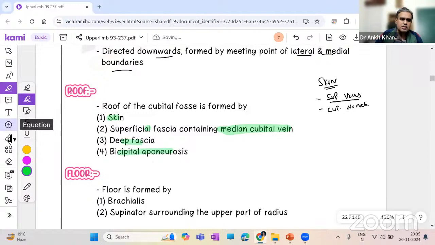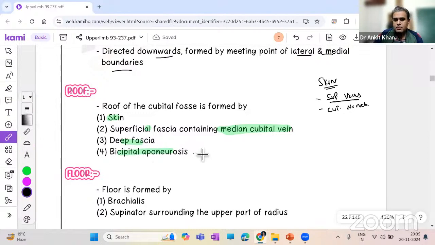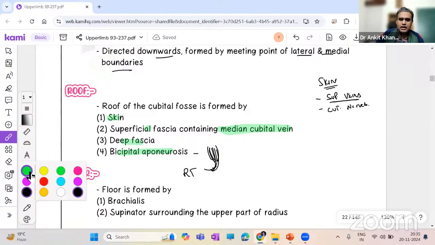Bicipital aponeurosis, we have done in the arm topic, that we have a muscle known as biceps brachii. Now that muscle biceps brachii, if you recall, its tendon went where? Into the radial tuberosity. But it spread out a bicipital aponeurosis going towards the medial side.